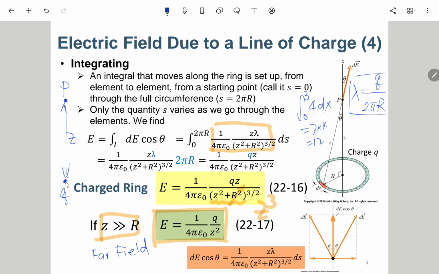The E field generated by a point charge Q at this point P will be this expression. So if it is far enough away, this ring looks like a point charge, with all charges concentrated at the center. Something similar to the shell theorem in the last chapter.